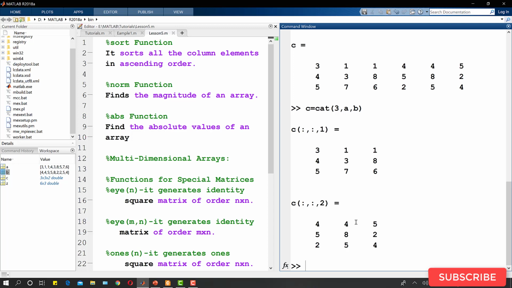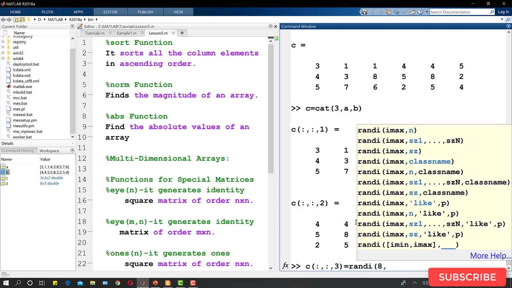If I want to add another matrix to it, I can write C colon comma colon and then the third page. So if I want to add a third page, I write randi, and let's suppose I write 8, and I will enter the same order.